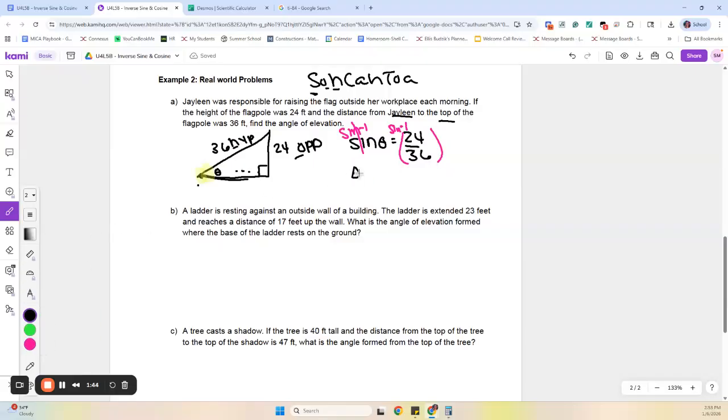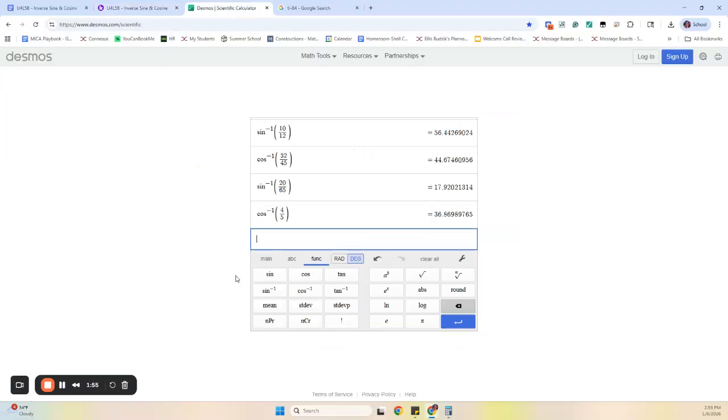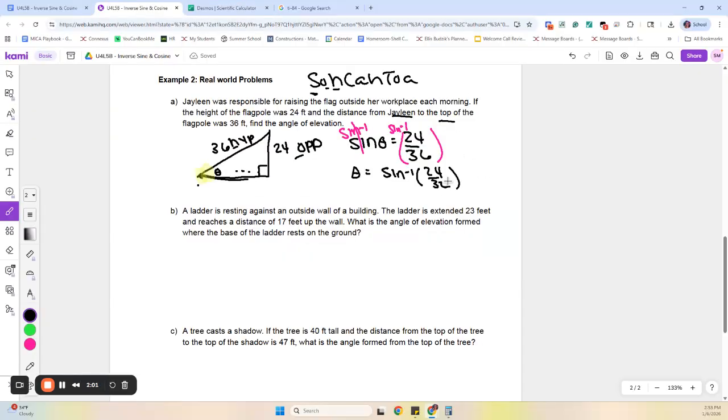So we're left with theta equals sine inverse of 24 over 36. And then we grab our scientific calculator. Sine inverse of 24 over 36, and we get 41.8. So our angle is 41.8 degrees.